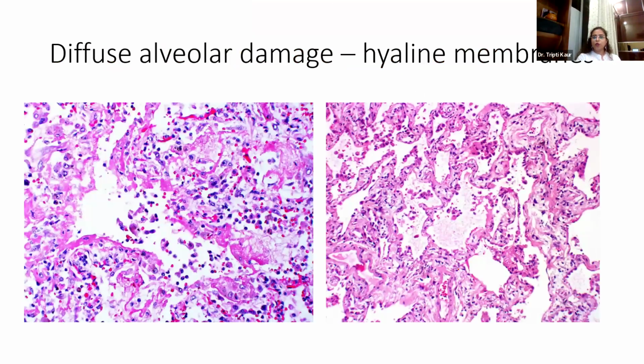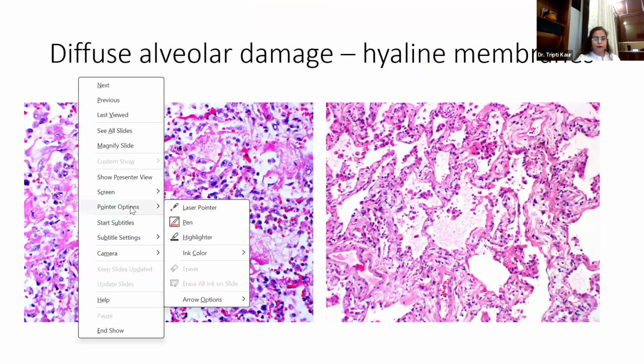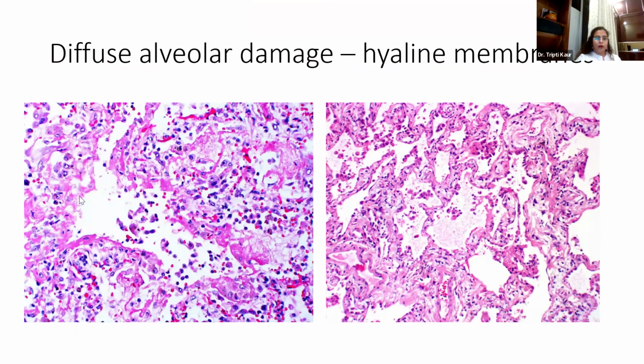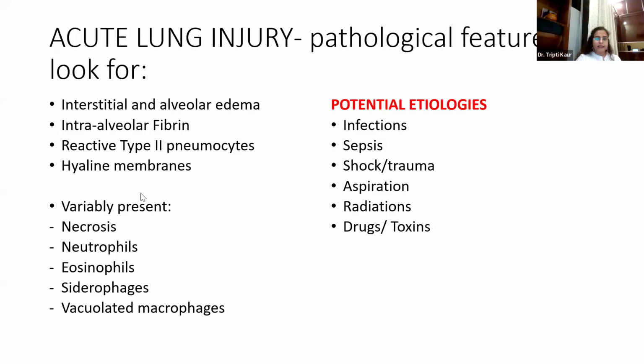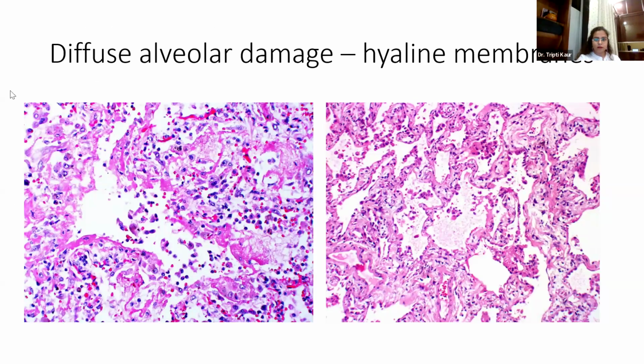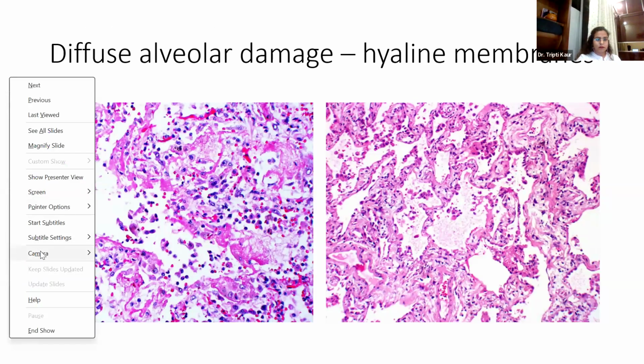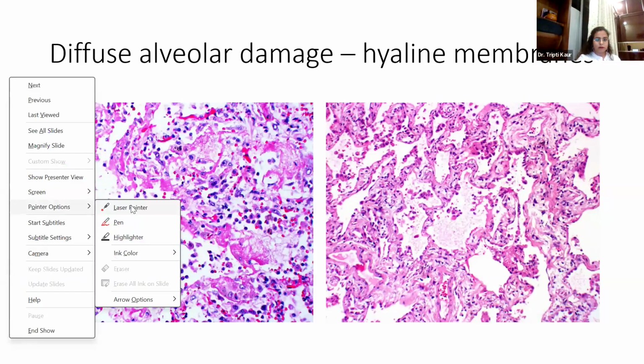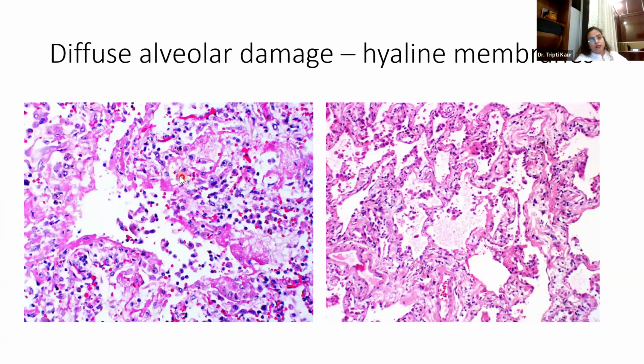So coming to acute lung injury, the prototype is diffuse alveolar damage, which is characterized by these hyaline membranes lining the alveolar spaces.